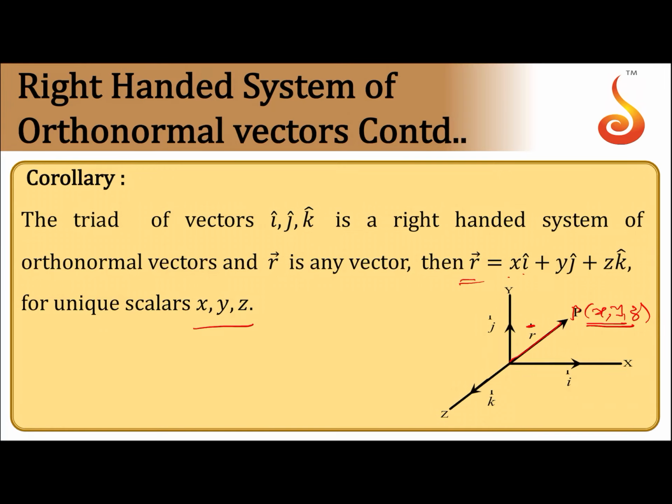These scalars are nothing but the components of the vector r bar. At the same time, they are the coordinates of the point P.